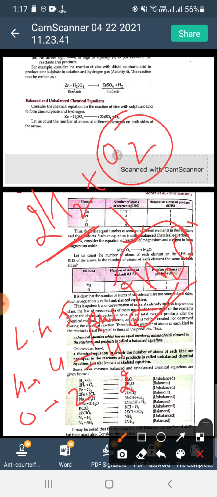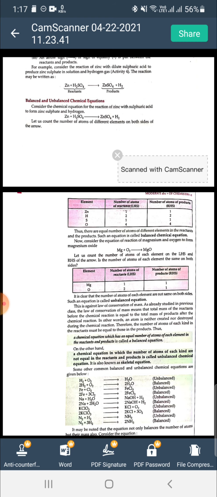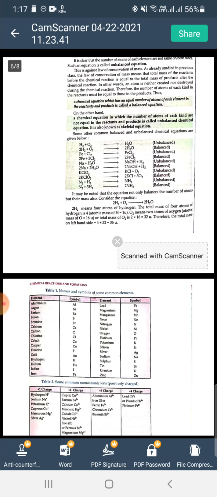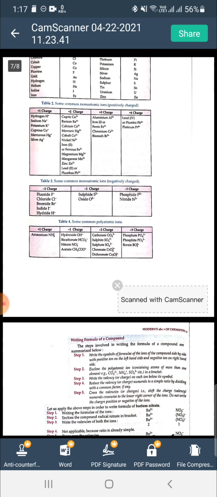So there is an equal number of atoms on both sides, so this equation is known as a balanced chemical equation. There are a lot of examples written here: balanced, unbalanced, unbalanced, balanced. So there are a lot of examples, you have to learn them.